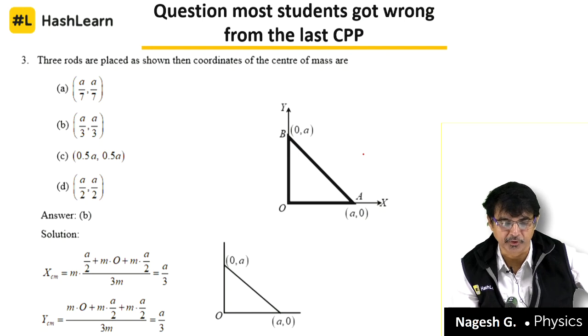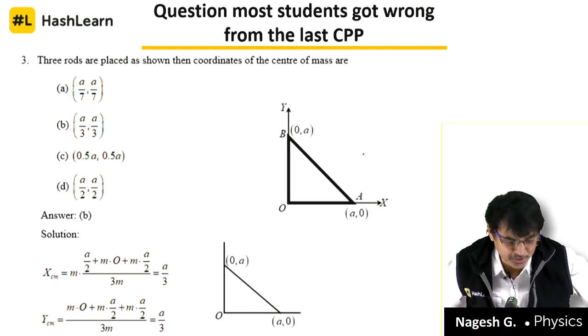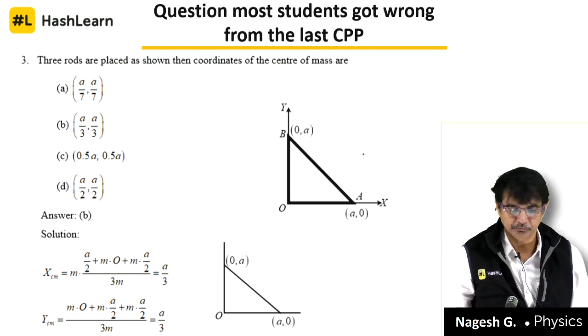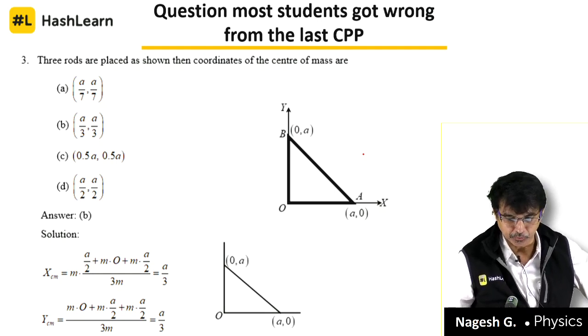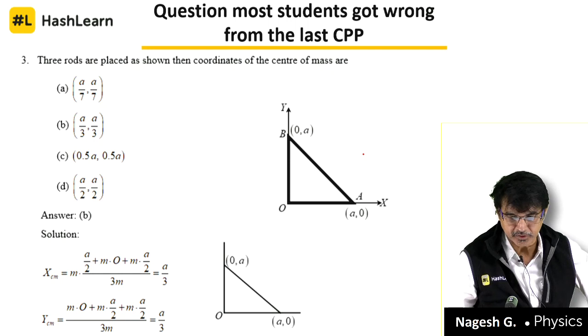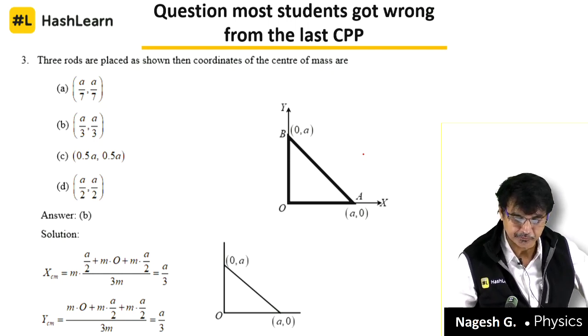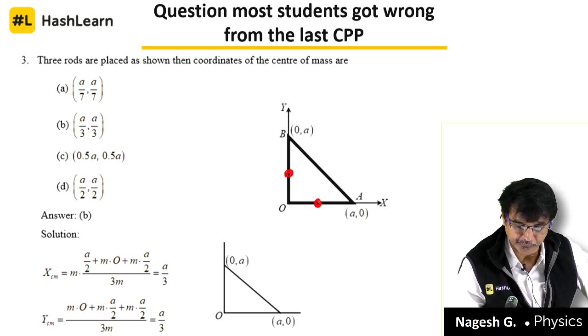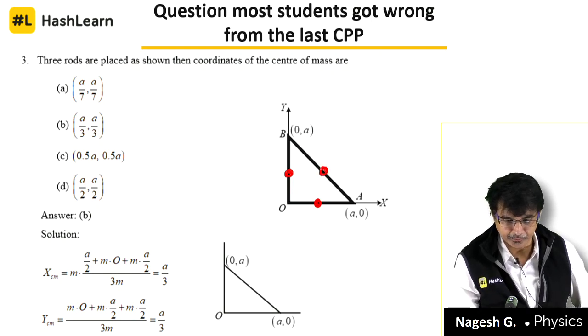Most of the students have done it wrong. Now, how to handle this problem? I told you, for a linear system, its center of mass is at its center. You treat each rod as a point mass at its center of mass, and you have to assemble them like this.